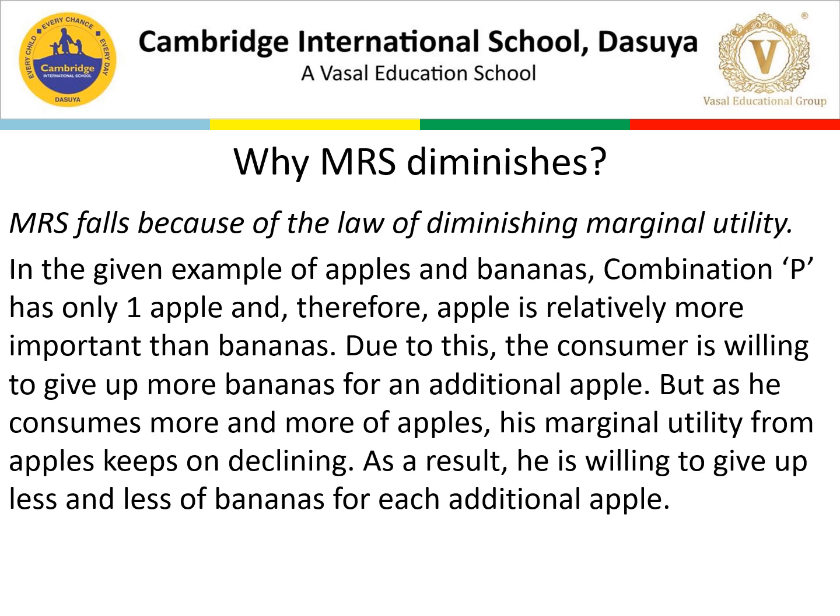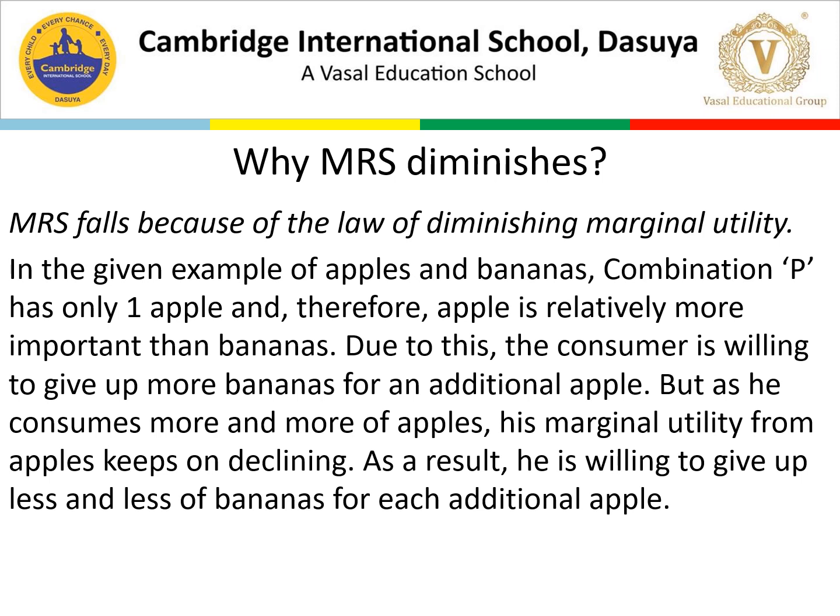But as he consumes more and more apples, his marginal utility from apples keeps on declining. So the marginal utility of these apples is always declining. You can see the marginal rate of substitution for the first unit was not mentioned, and for Q, R, S, T it was declining. As a result, he is willing to give up less and less of bananas for each additional apple.